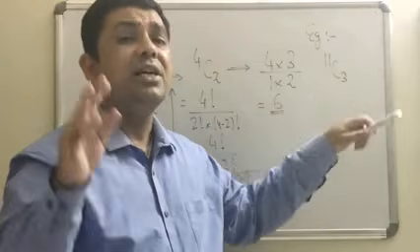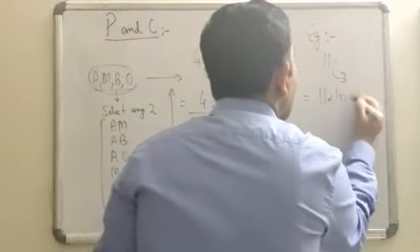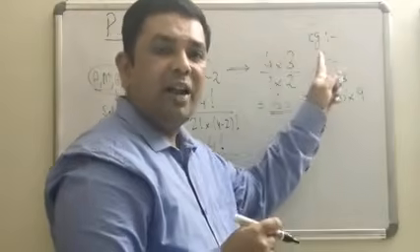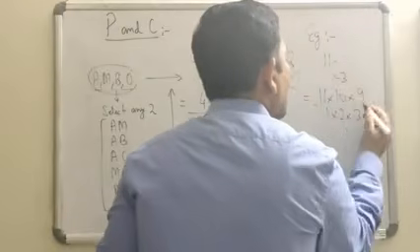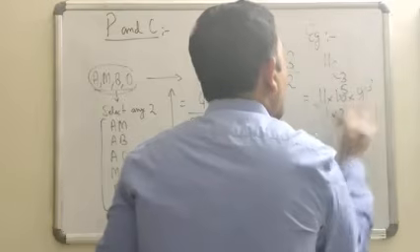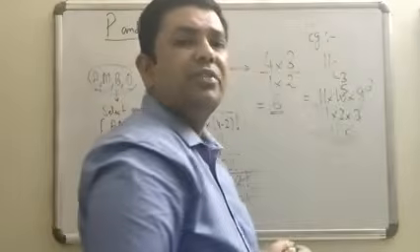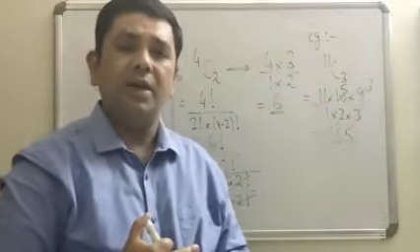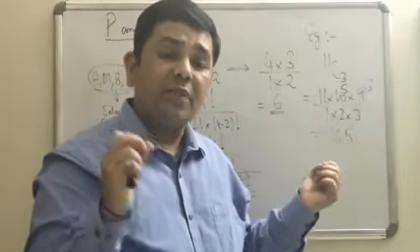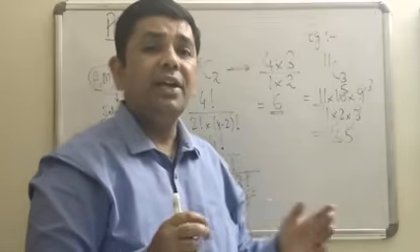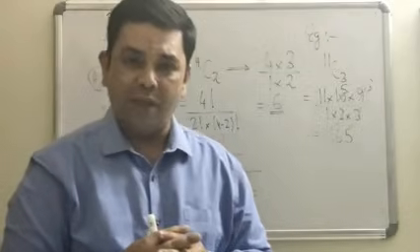The shortcut is 11 into 10 into 9: start from 11, write down the next 3 numbers, divide it by starting from 1 and writing down the next 3 numbers. So what is the value of 11C3? The value of 11C3 is 165. That means if you have 11 different things, and out of those 11 different things, 3 things have to be selected, the total number of ways of doing so is 165.